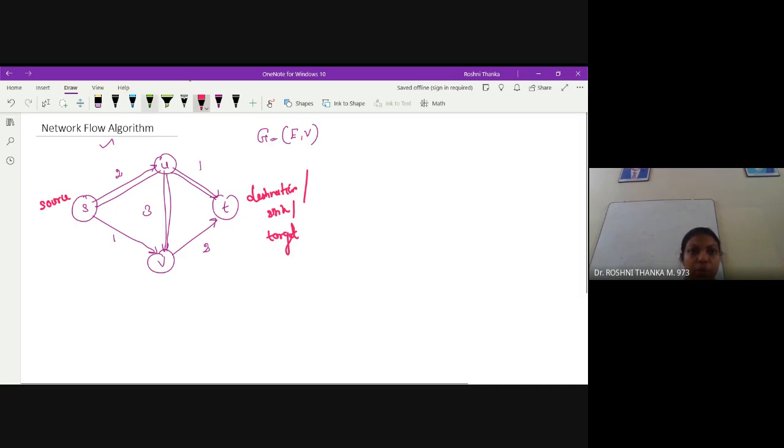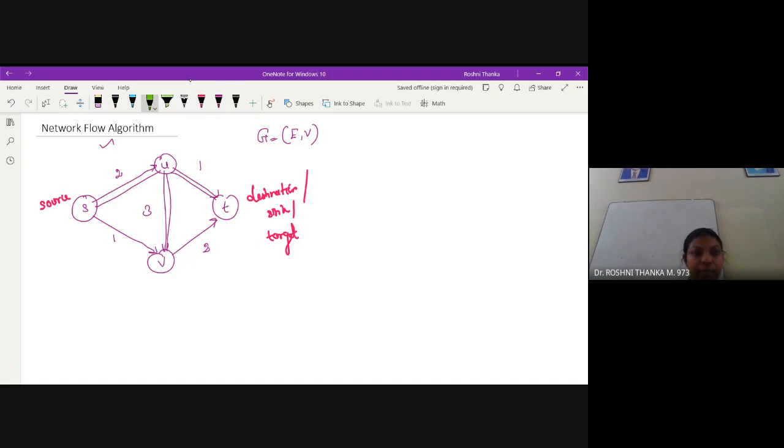Something more you have to note here is that nothing will be coming into this source node and nothing will be going out of this sink node.